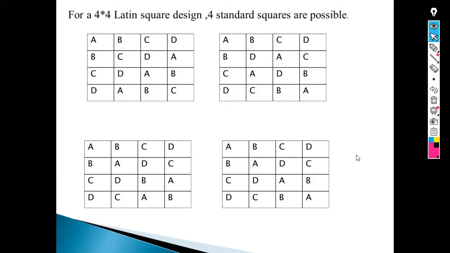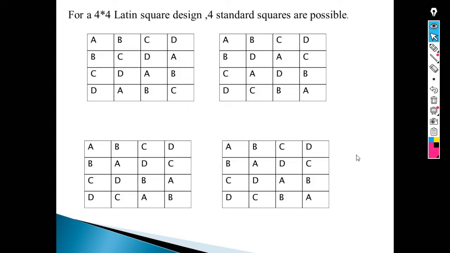So now we are going to discuss another point. This design is also based on three principles: the first is replication, the second is randomization, and the third is local control. Here we repeat each treatment m number of times, and we use randomization in such a way that in each row and in each column we get one treatment only once.